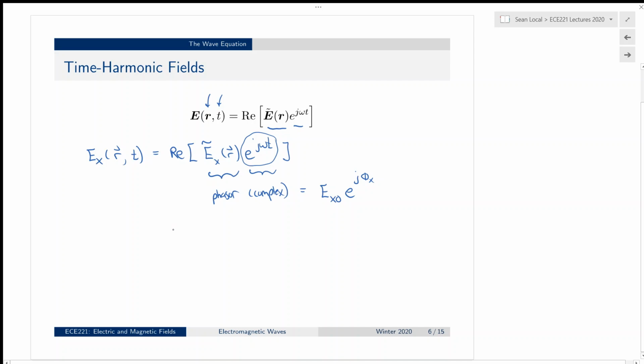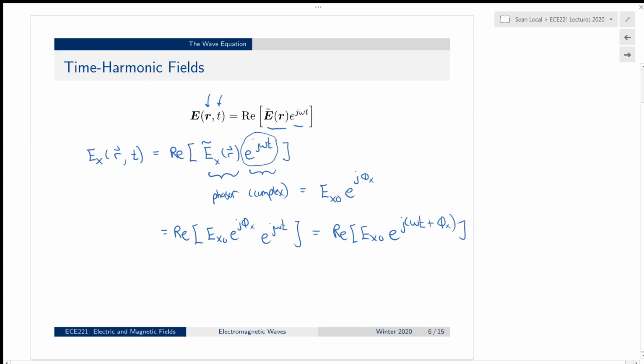We're going to have the real part of, let's say, Ex0 times e to the j phi sub x times e to the j omega t. We know that we can combine these exponentials into a single exponential, which is going to be e to the j, let's say, omega t plus phi sub x.